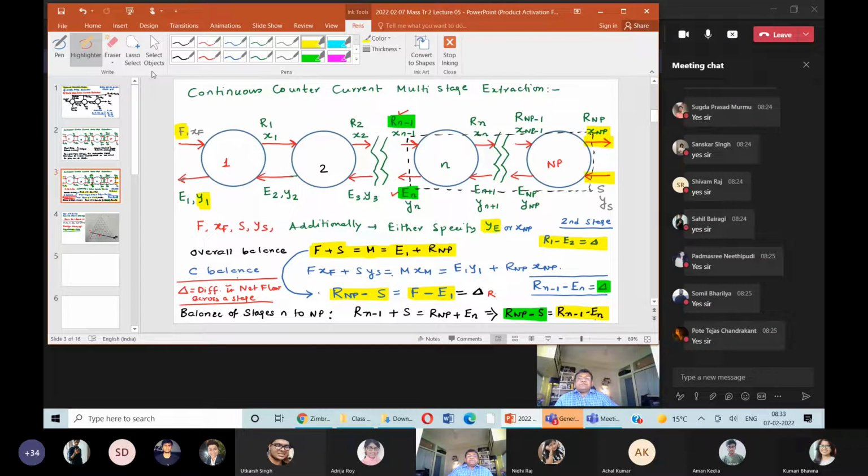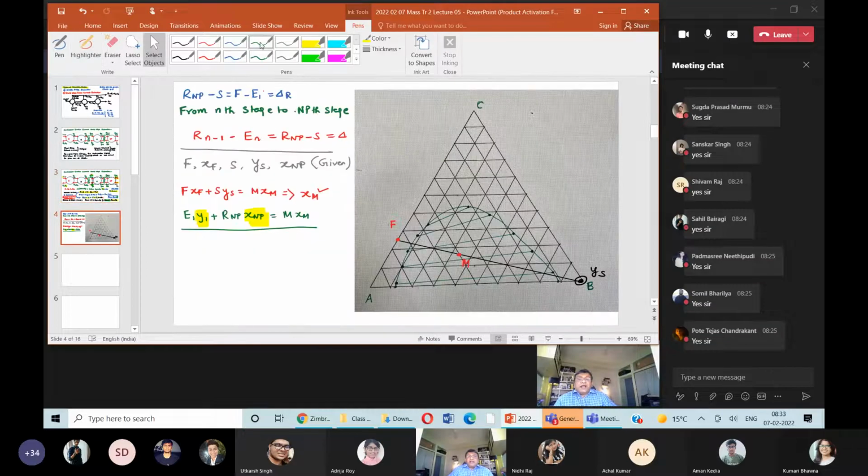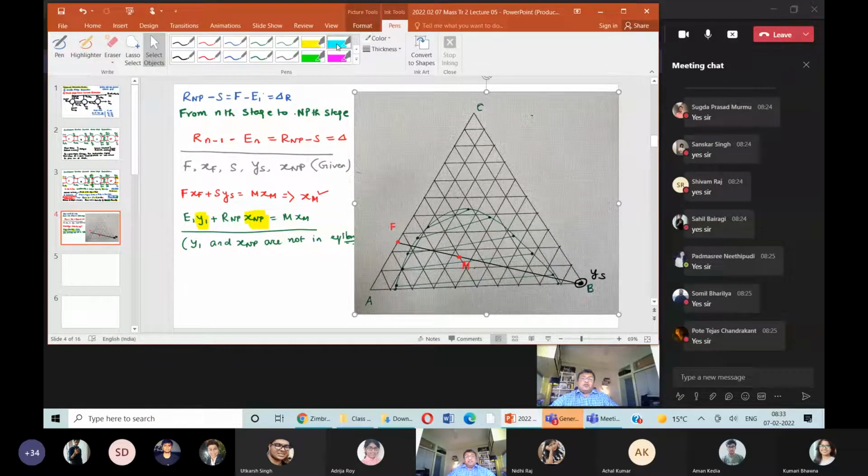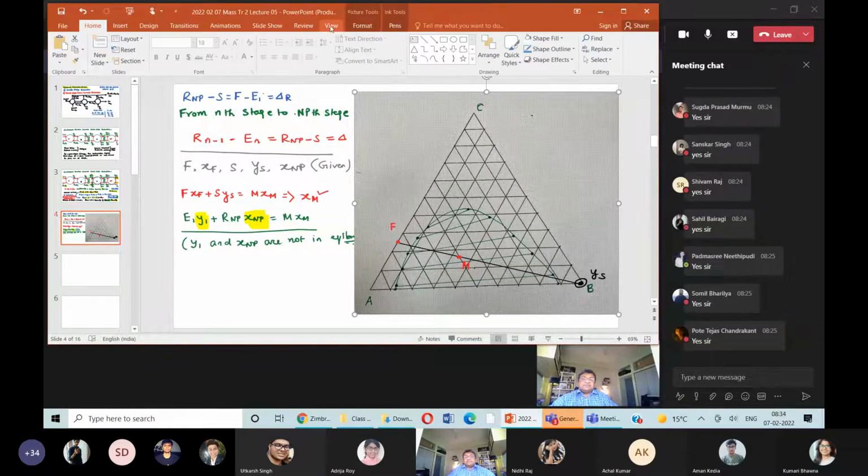Is this clear? Point to note, Y1 and X_NP are not in equilibrium. This is clear to all? Everybody understands? I haven't told what to do, but everybody understands this?